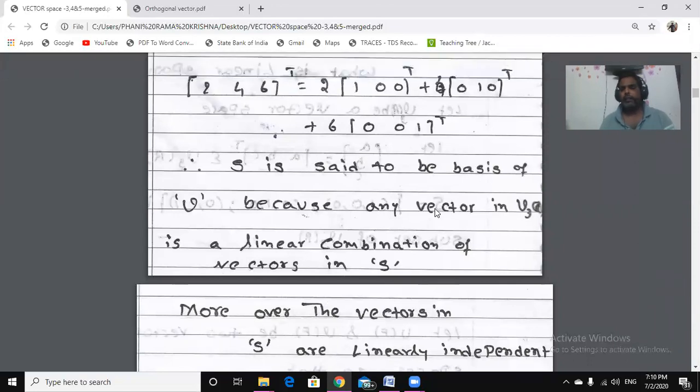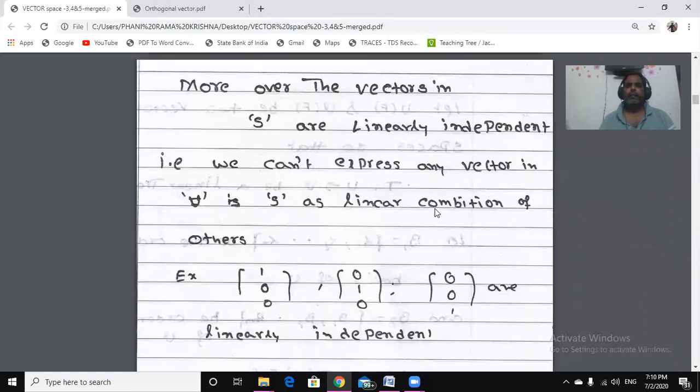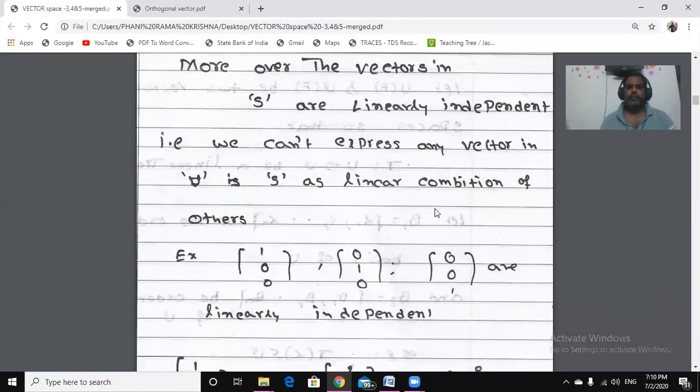Any vector I can write as a combination of these three base vectors, so I can say S is the basis of the three-dimensional vector space V3 of R. Here the vectors in S must be linearly independent, and we use only combinations of linearly independent vectors to generate any vector in the vector space.